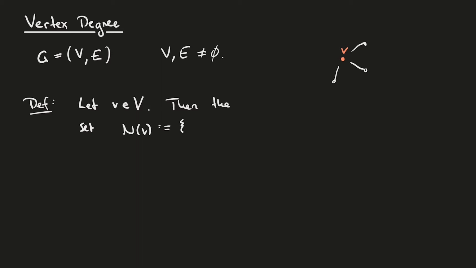These are all the vertices U in the vertex set such that U is adjacent to V. And we call this set N(V) the neighborhood of V.